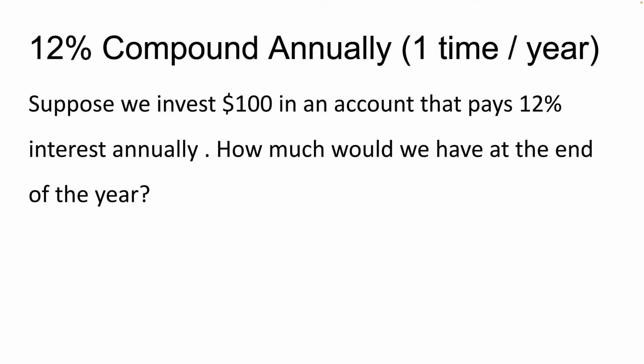Let's start with the 12% interest compounded annually, or one time per year. If we invest $100 into an account that pays 12% interest annually, we would use the compound interest formula, A equals P naught times 1 plus r over n raised to the nt power.